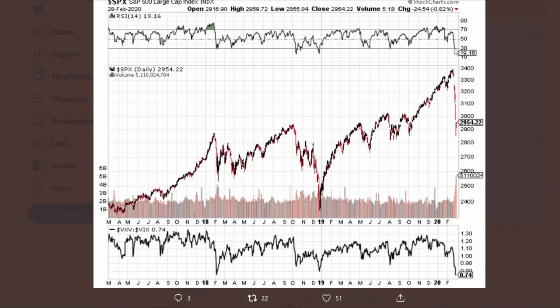Fairly textbook oversold signal from the RSI, and the VIX futures curve, so that's the ratio of VXV, 3-month VIX, versus spot VIX, and you tend to see that works as a bit of a contrarian buying signal as well. So yeah, a lot of signals pointing to a high probability of a bounce this week.